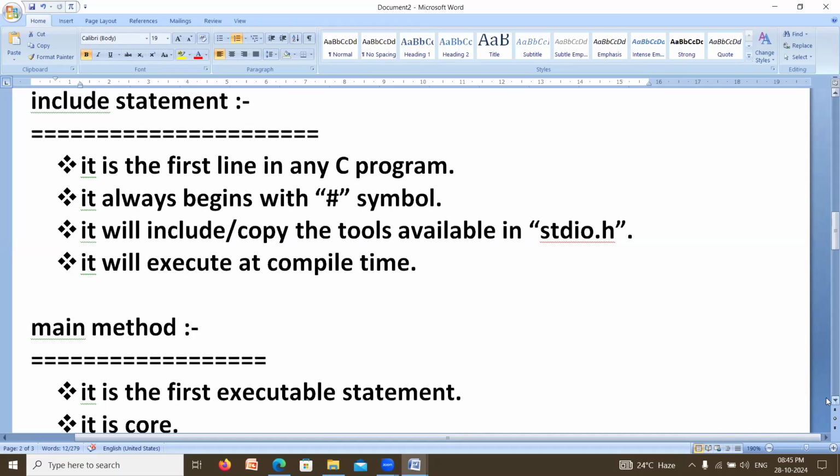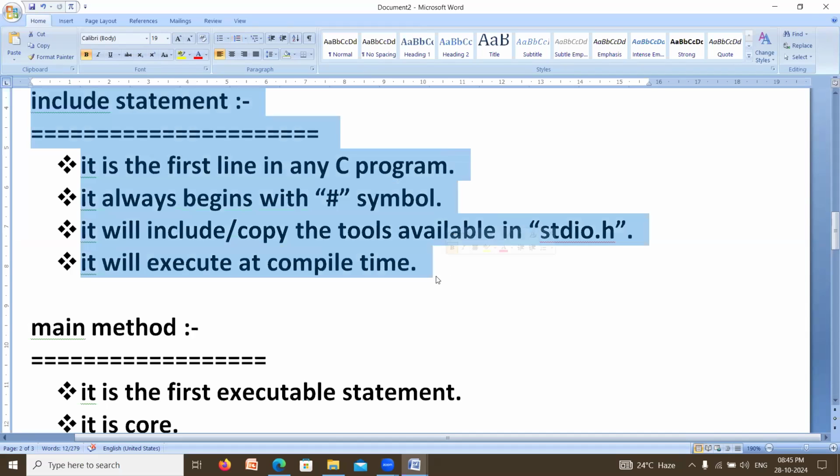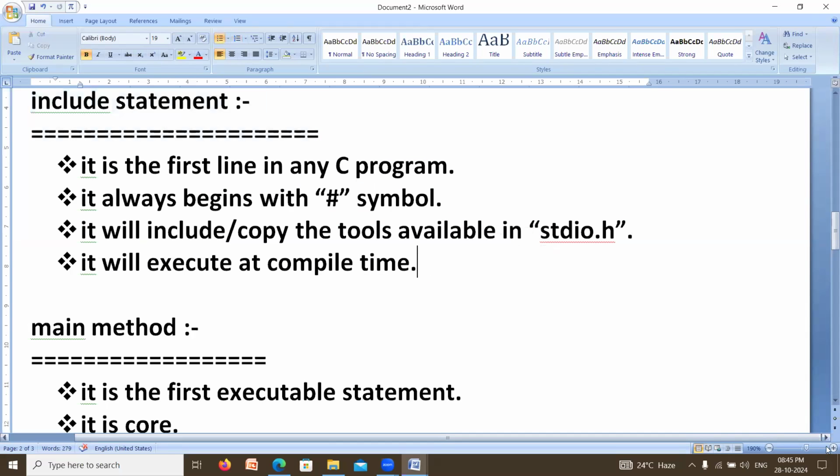Sir, your voice is not coming. I am not teaching anything. Okay, right? You need to note it down, no? Are you writing down or not? Yes, sir.